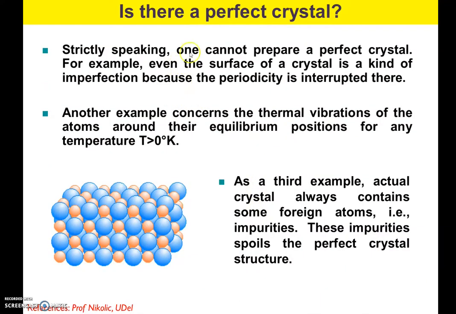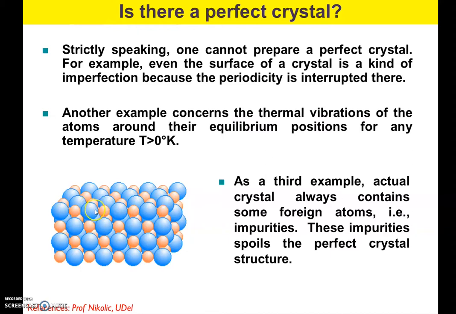Well, to think about it, is there any perfect crystal out there? Strictly speaking, you cannot really have a perfect crystal. Okay, because even if you think about it, the surface of a crystal, where the entire volume ends, is actually an imperfection, right? You have an arrangement, and at the surface you are breaking this arrangement, right?